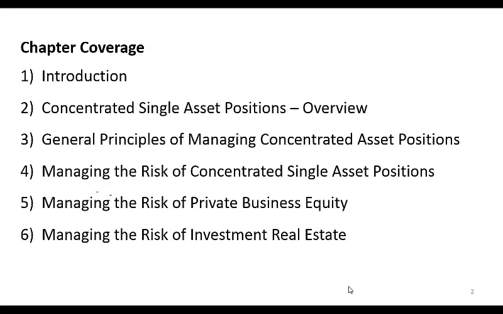Let me go through the contents of this chapter. We'll start with the introduction. Essentially, this talks about how people accumulate concentrated holdings. They can be accumulated through a variety of means. Firstly, an executive can work in a company and obtain stock options and eventually, over a 30-year, 20-year period, hold a substantial amount of equity of the same company that he works for.